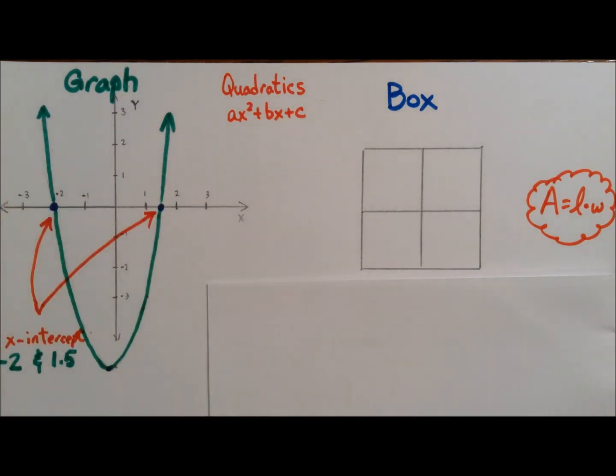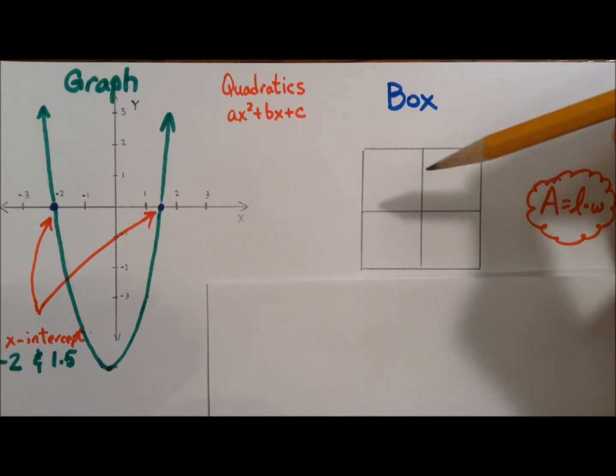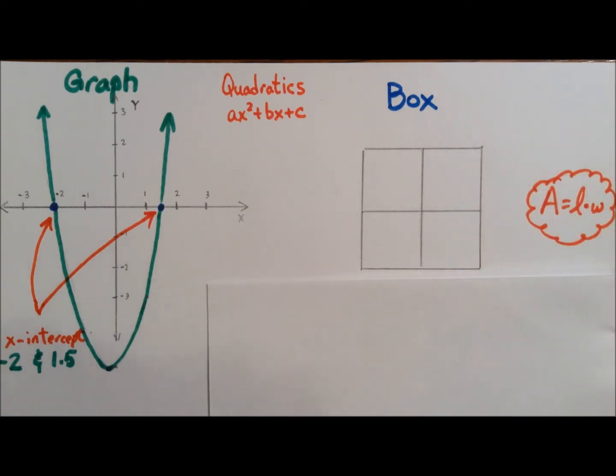And then we started multiplying using the box method, and we tried to emphasize that it really is dealing with area. We're filling in this area just like a big floor in a room, and we do that by multiplying a length and a width.